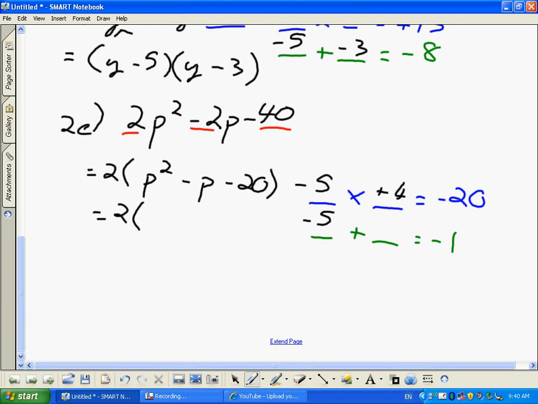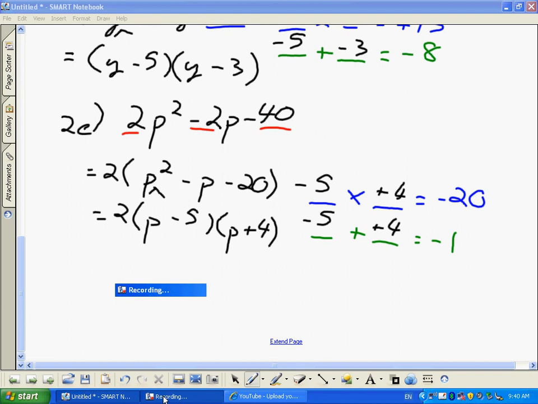Negative 5 plus positive 4 is going to give me negative 1. So, I have my two sets of brackets. Split the p to both. Negative 5 and positive 4. So my answer was 2, bracket p minus 5 and bracket p plus 4.